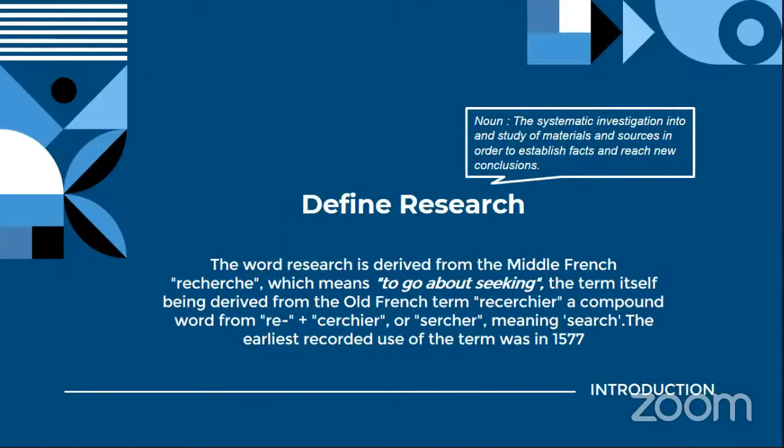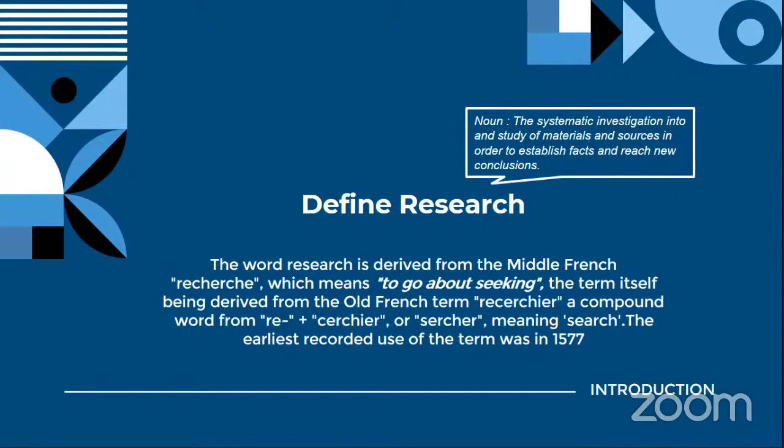So let's start with defining research. We all know the noun for research. It's the systematic investigation into and study of materials and sources in order to establish facts and reach new conclusions. If I elaborate a bit, research is a systematic study of different resources to make findings and establish facts.